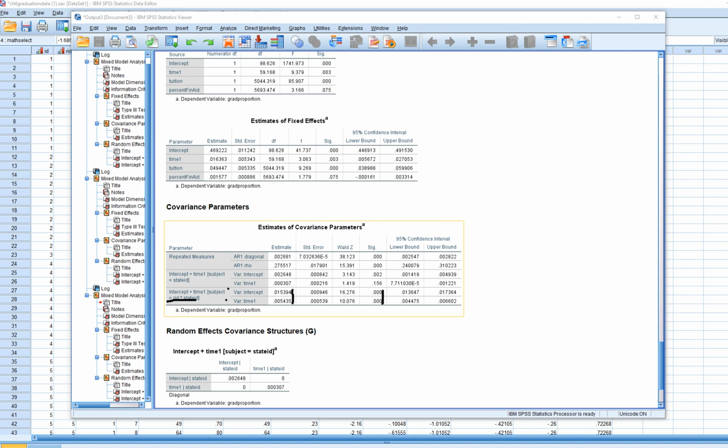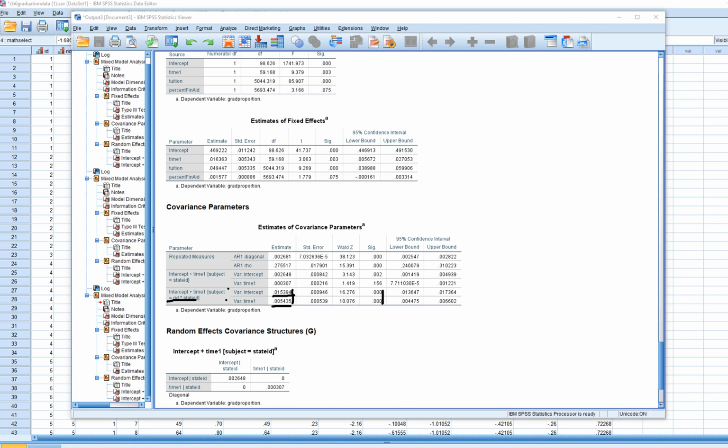So this variance term right here is reflecting the fact that there's significant variation across the institutions in their initial grad proportion. And by the same token, the fact that we see significant variance with respect to the slopes indicates that the relationship between time and grad proportion was varying between institutions.